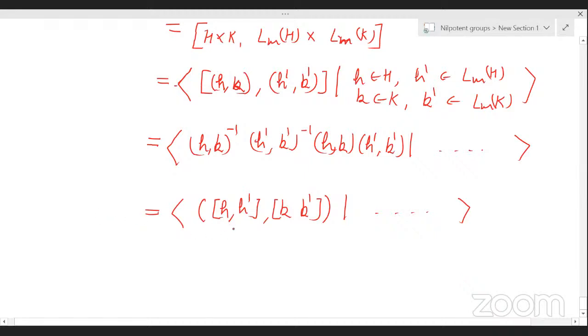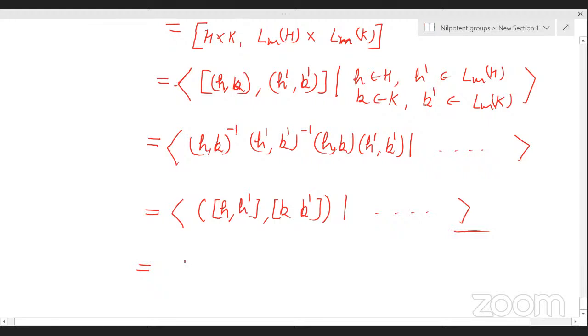Now what is this? This h belongs to capital H, and h' belongs to L_m H, and this is the direct product. So each of the generators of this group is of this form.